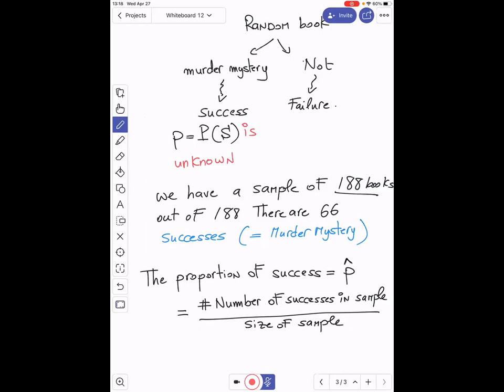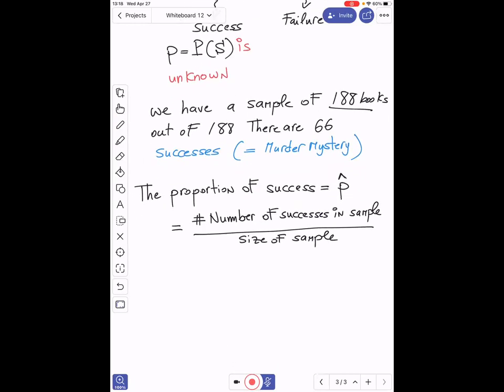So the proportion of success here, p hat, is equal to 66, because we have 66 murder mystery books out of 188. So just 66 over 188.